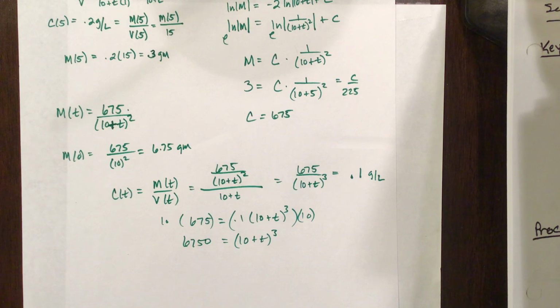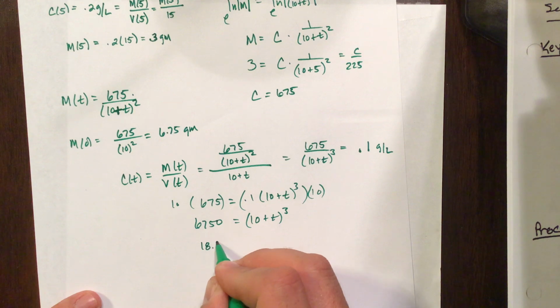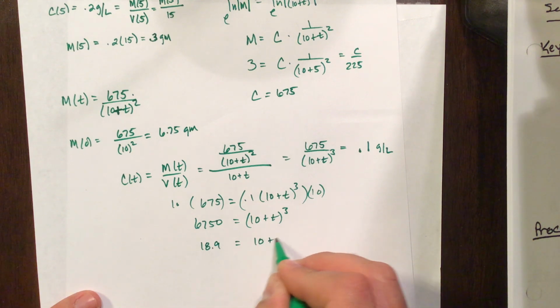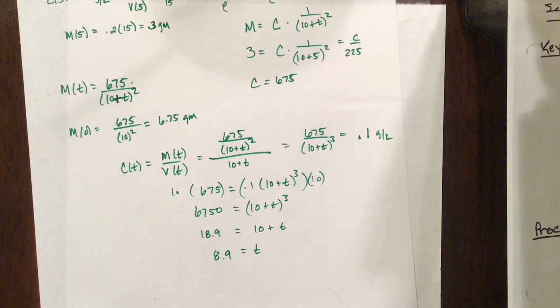So take the cube root of 6750, raise that to the 1/3, and that's 18.89, call it 18.9. That is equal to 10 plus t, so t is going to be equal to 8.9. So at 8.9 minutes, the concentration of salt in the tank is going to be 0.1 grams per liter.